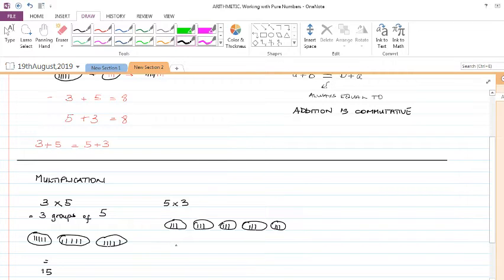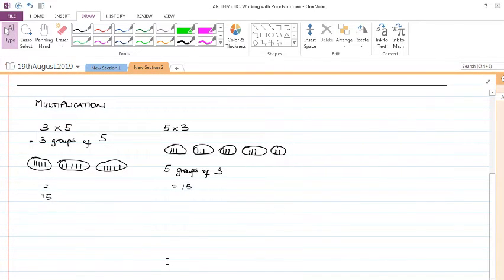So we get 5 groups of 3 is equivalent to 15. What we can see from that is that 3 times 5 is equal to 5 times 3.